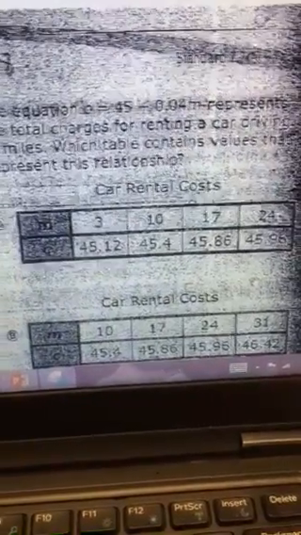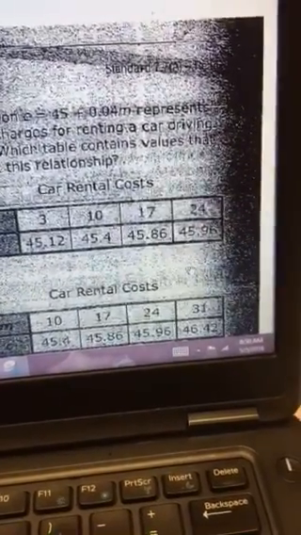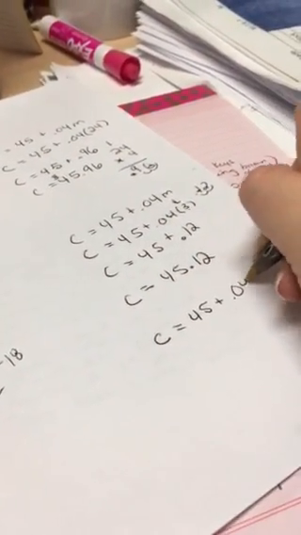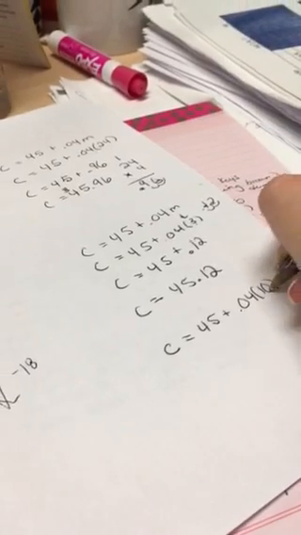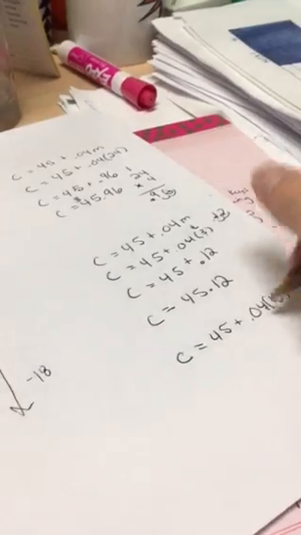We already know, so far 3 looks good. We know that 24 is good. I'm going to do 10 miles now. 10 times 4 is 40. Moving the decimal twice, I get 40 cents.